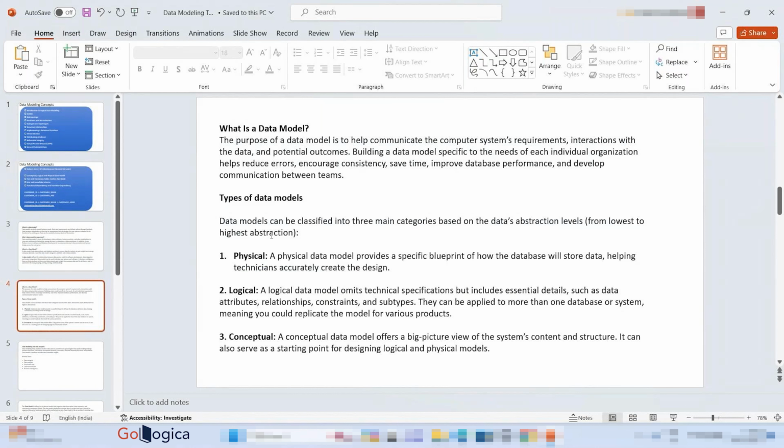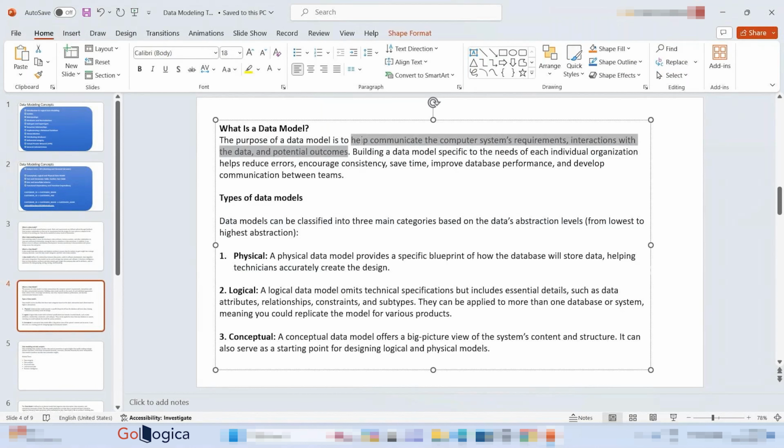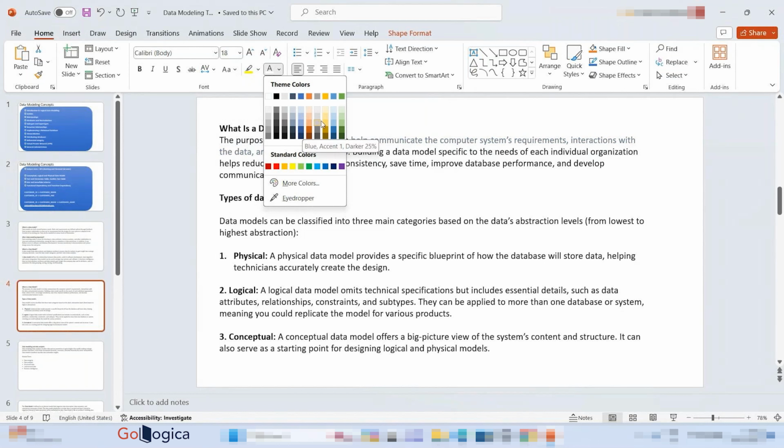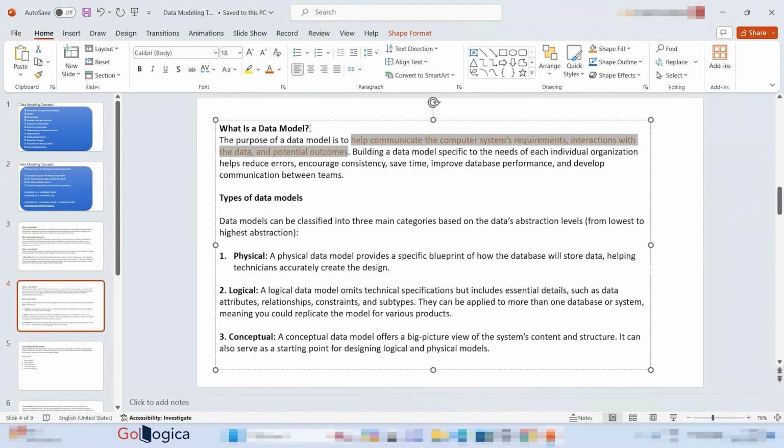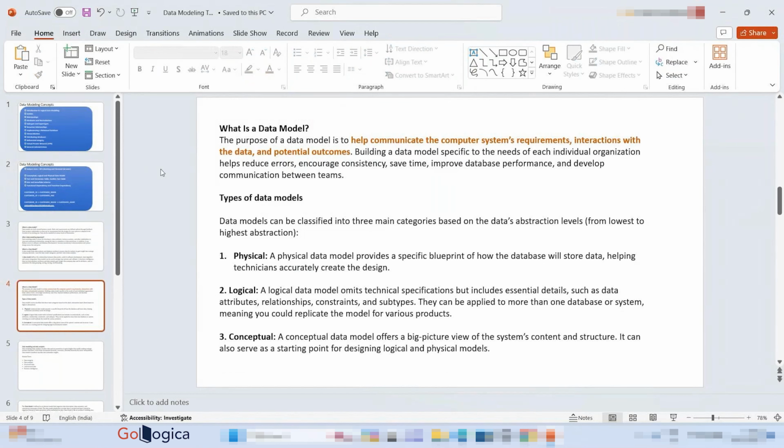I'm going to highlight this line with a different color because this is the need. The main purpose of a data model is only this: to communicate the computer system requirements and interactions with the data for the potential outcome.